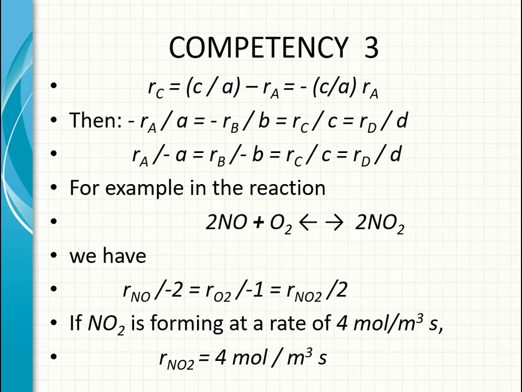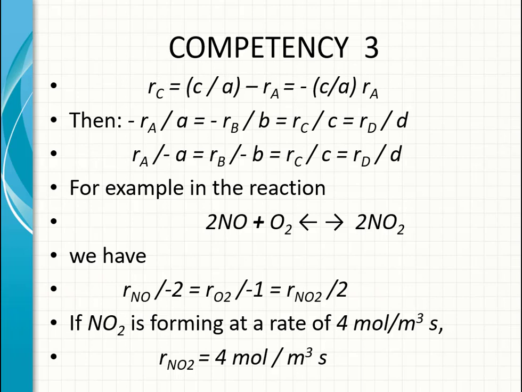So then we will have that minus the rate of A divided by its coefficient a is equal to minus the rate of B divided by its coefficient b, which is equal to the rate of C divided by its coefficient c and is equal to the rate of D divided by its coefficient d.